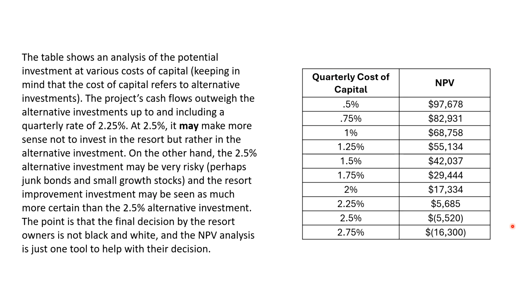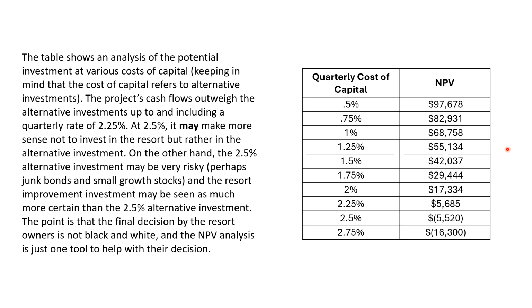I have an analysis of the resort investment here on the right with some explanation, which I'll go through. So we have the quarterly cost of capital and then the NPV associated with each one of these. And you can see that there's a break-even point somewhere between 2.5% and 2.75% quarterly, where you have a negative NPV.